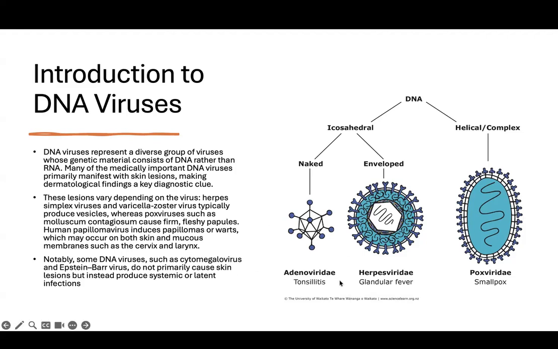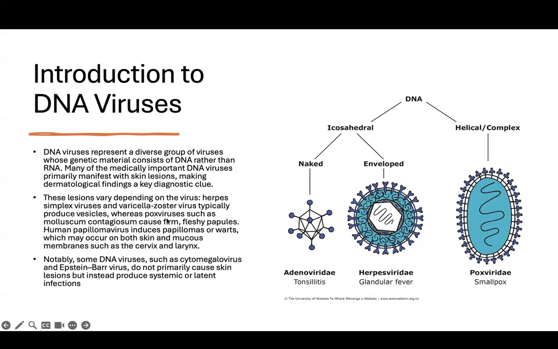But the nice thing about DNA viruses that makes them clinically interesting is they usually give us a lot of skin lesions. So, for example, we know with herpes simplex viruses or the varicella zoster viruses, we always get vesicles. These really annoying fluid-filled vesicles all around our body when we get infected by them.